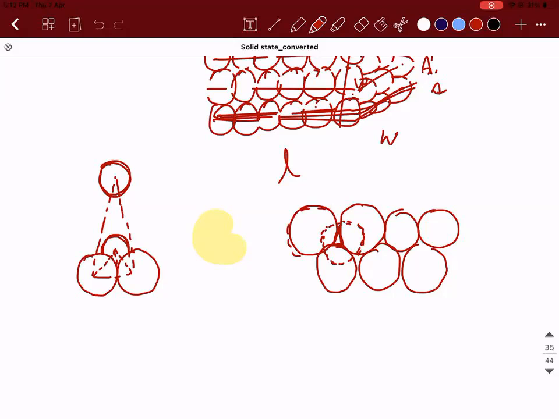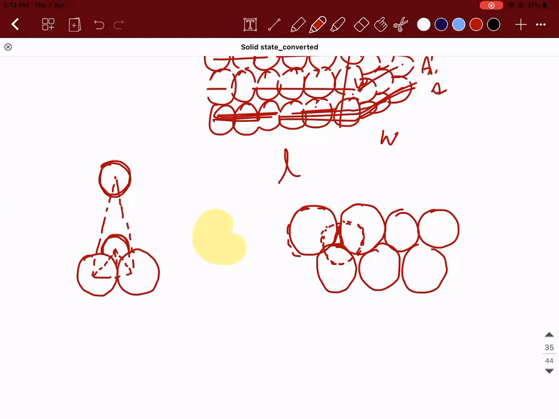Clear? Do you imagine? This is the first possibility. In the first possibility, the first layer consists of three particles, and in between the three particles, I am placing the second layer, one particle.